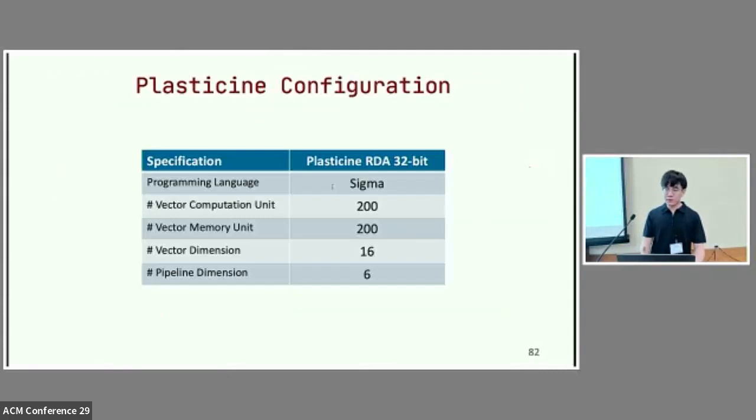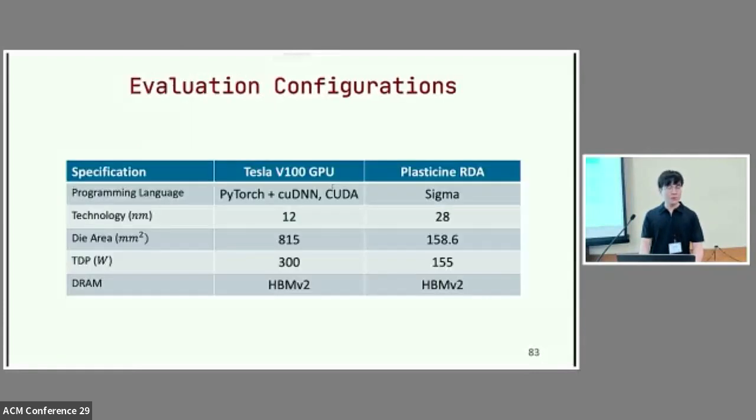To evaluate the performance and the benefits of Sigma, we configure a variant of Plasticine RDA to have 200 vector computation units, 200 vector memory units, 16 vector dimension, and 6 pipeline stages over the pipeline dimension. We compare our results against a baseline accelerator implemented on Tesla V100 using PyTorch.